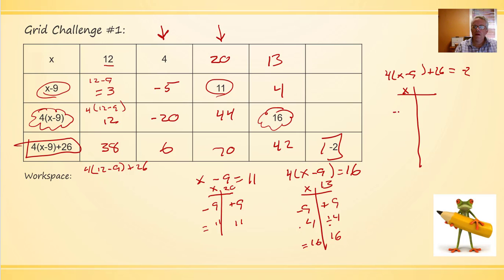We're subtracting 9 because of the parentheses. We're multiplying by 4, so times 4. We're also adding 26, and we're supposed to get negative 2. So negative 2 minus 26, divide by 4, add 9, and you'll get what x is. x is 2.